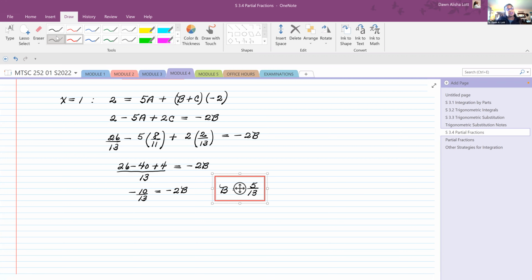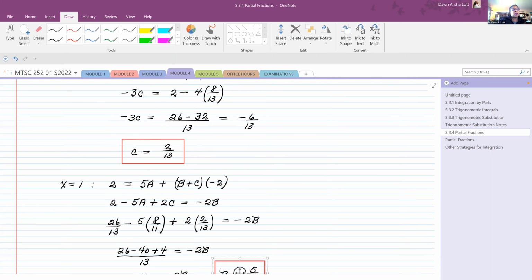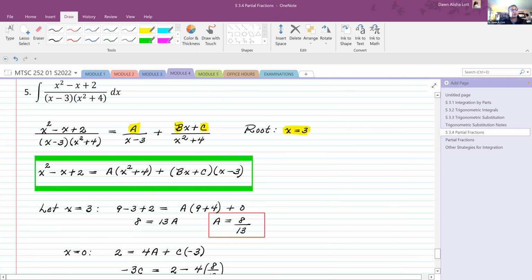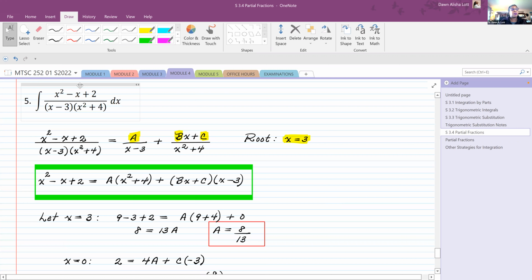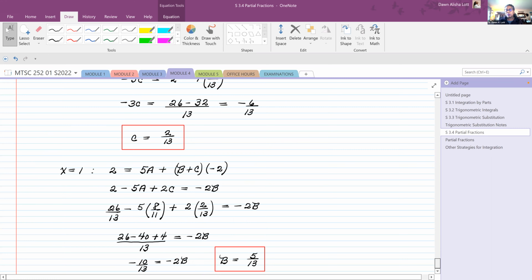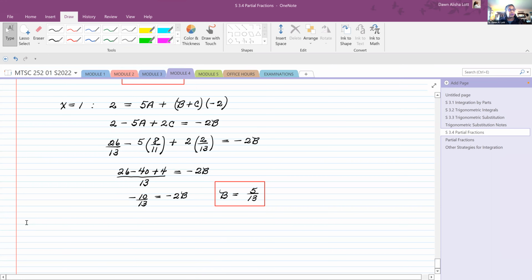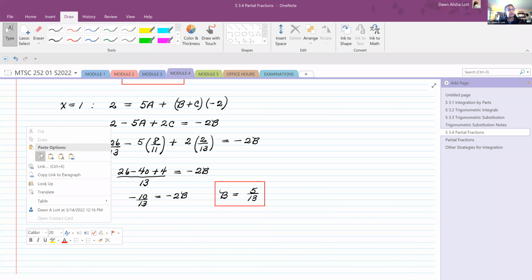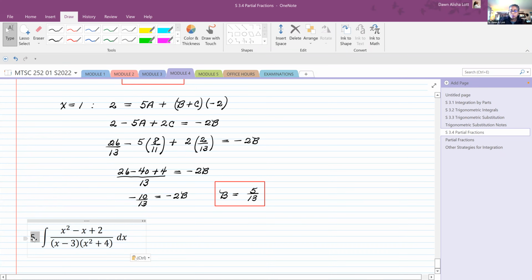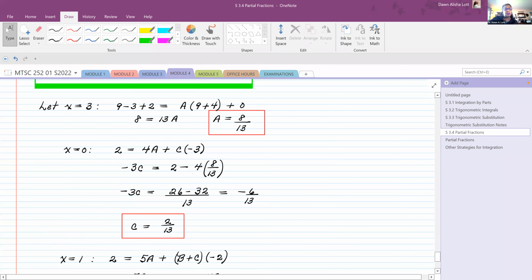Okay, so provided that I did that correctly in such a hurry, we end up with the original integral. It's going to be the integral. Now the first term is a, and if I remember, a was 8 over 13.